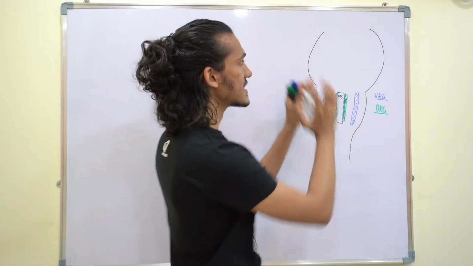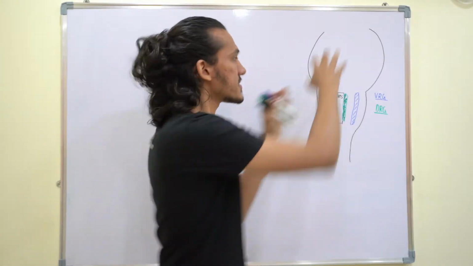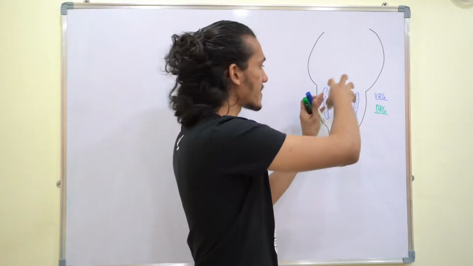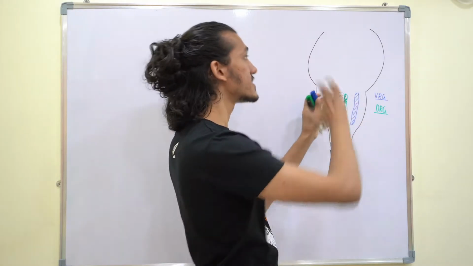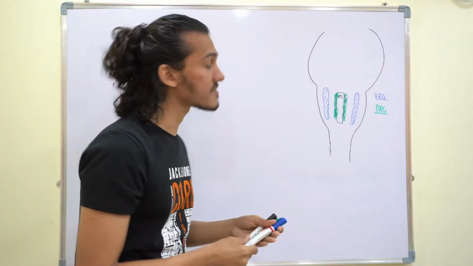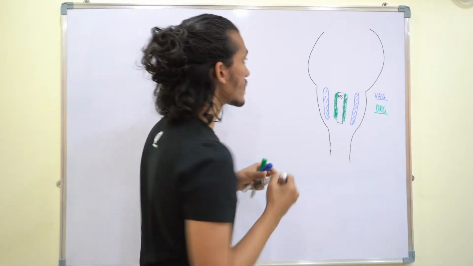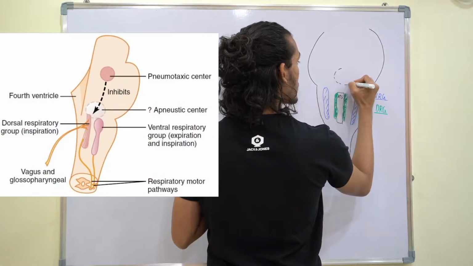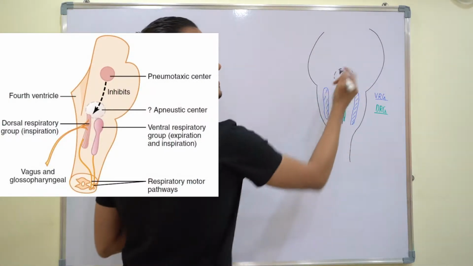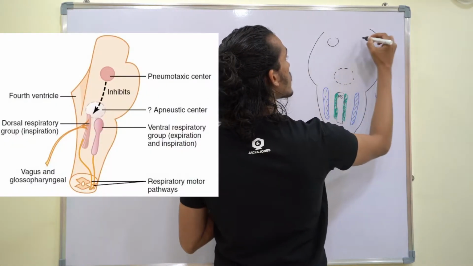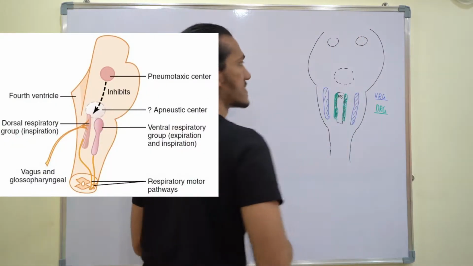Apart from that, in the pons you have pontine centers that further regulate this pacemaker activity. The central pattern generator activity is regulated by a set of nuclei in the pons. One is the apneustic center, and we also have the pneumotaxic center.